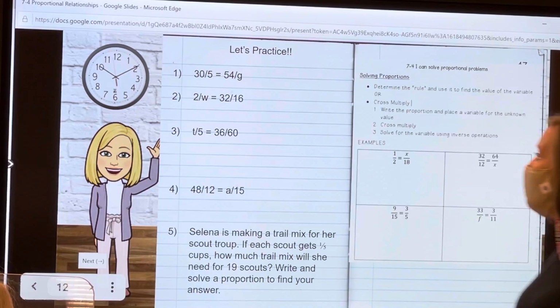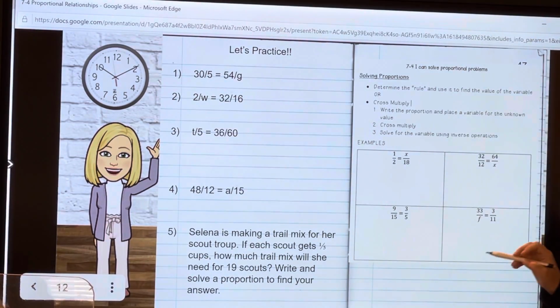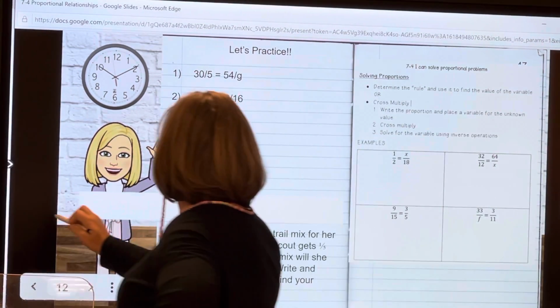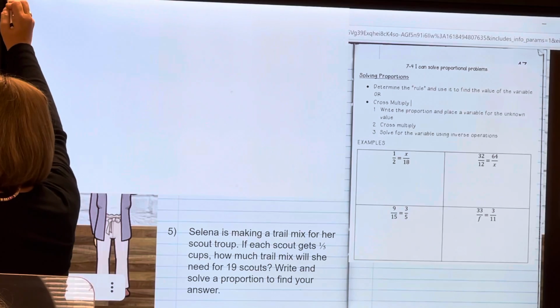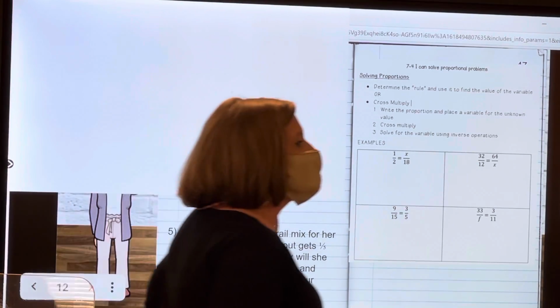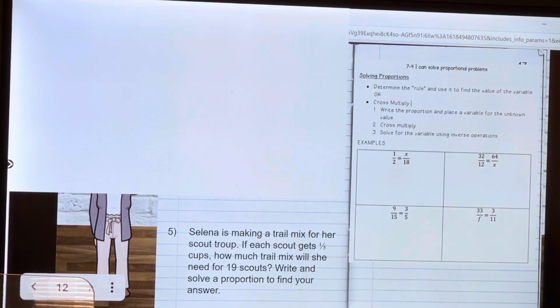All right, I gave you a word problem this time. Selena is making trail mix for her scout troop. If each scout gets 1/5 cups, how much trail mix will she need for 19 scouts? Write and solve a proportion to find your answer.